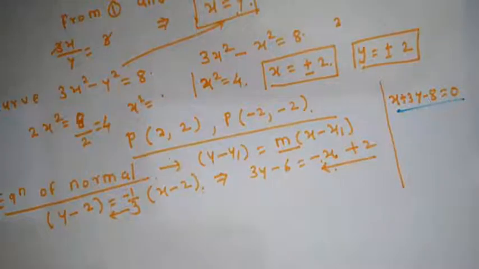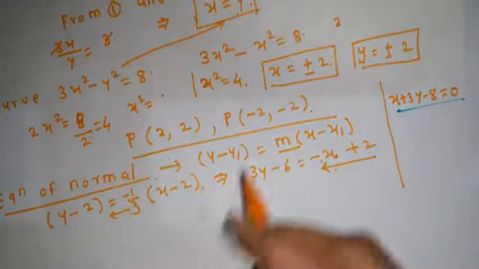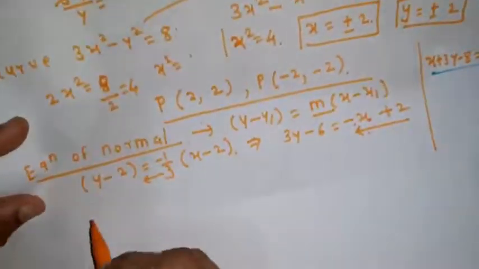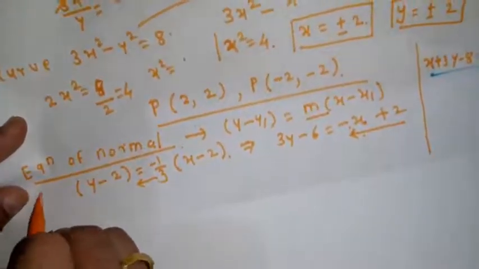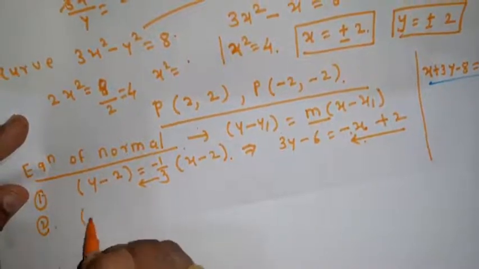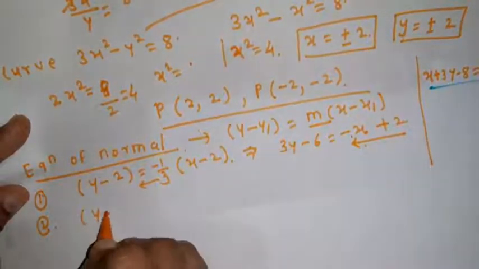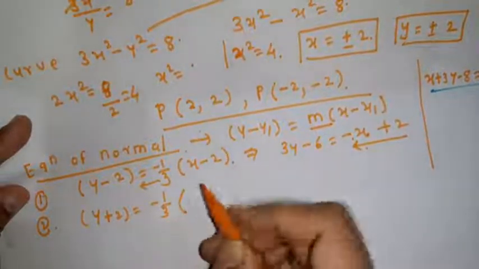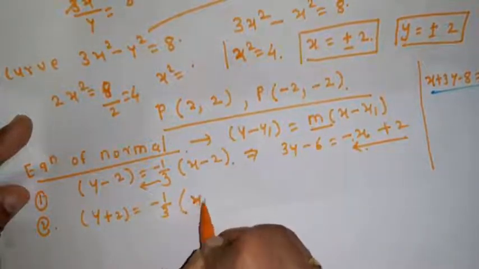Again, by using these coordinates, that is P(-2, -2), we get another equation of normal. This is the first equation, and the other equation is y plus 2 equal to minus 1 by 3, slope is same, into x plus 2.